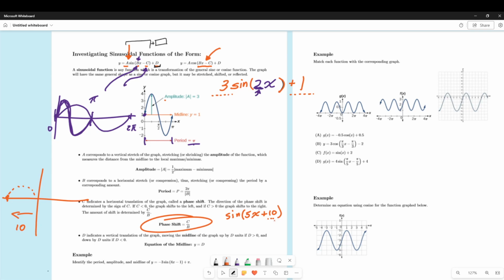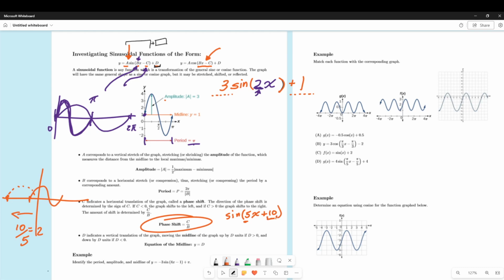But that 10 unit shift is then going to be compressed by 5 and turn into a 2 unit shift, and then oscillate from there. So be a little cautious about that.